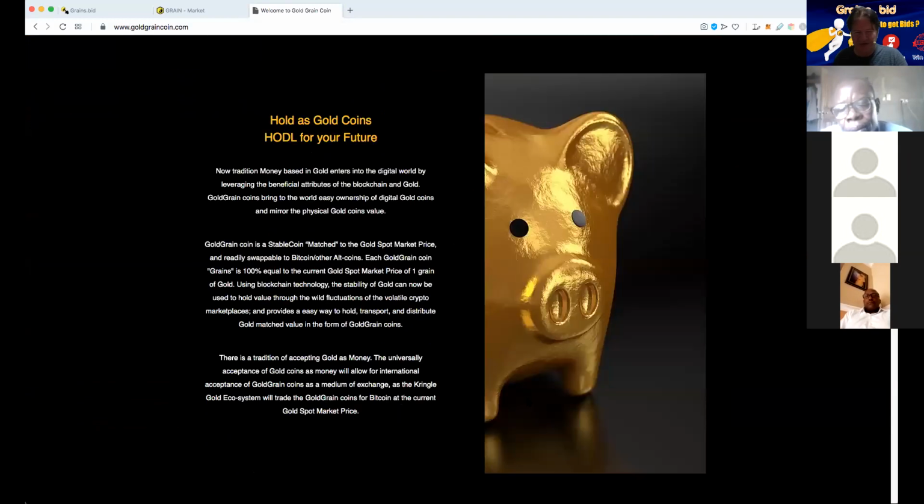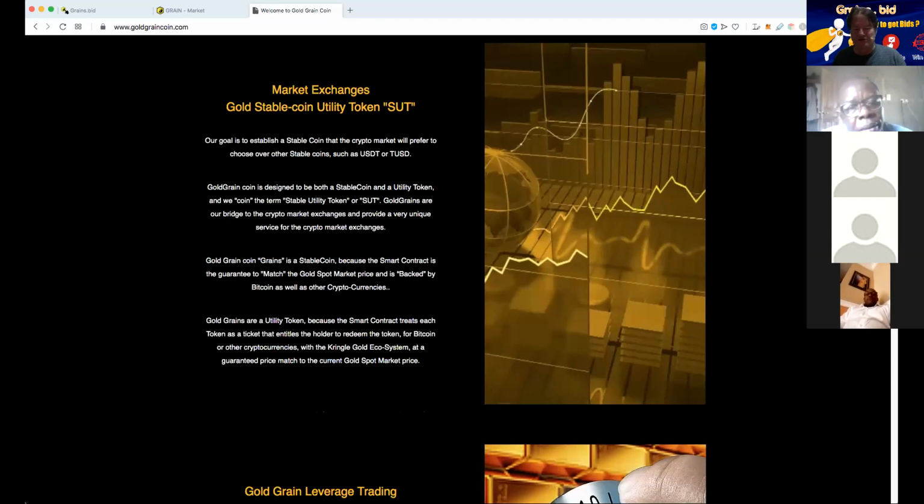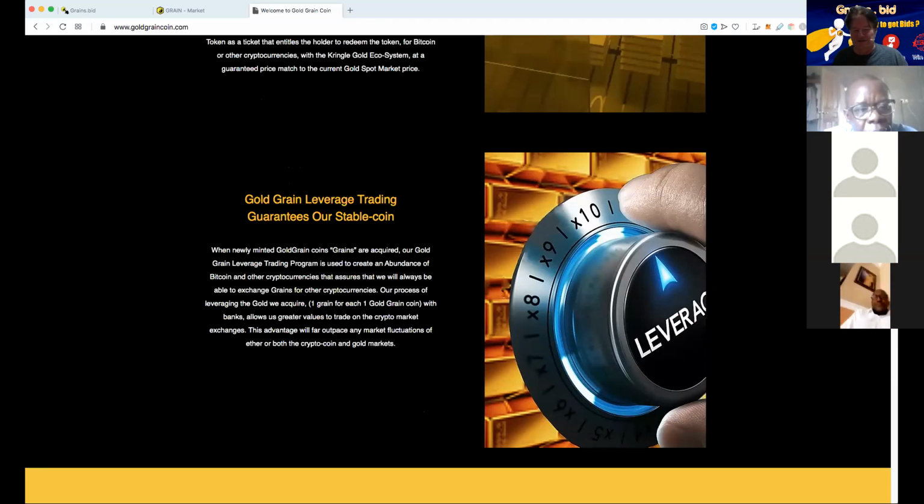So it's pretty simple. Just as you would do for gold, if you want to hodl it, you can hold on to it. If you want to use it in markets, our idea is to become a stable utility token that everybody uses instead of, say, USDT. And then we also want to be able to leverage this gold for the sake of the community.